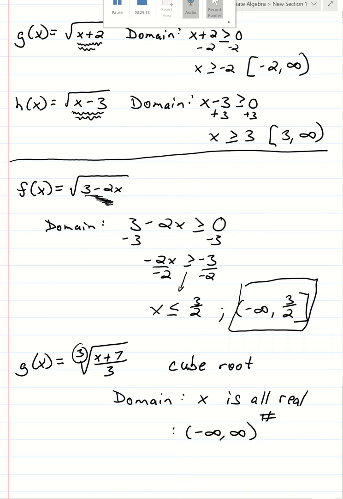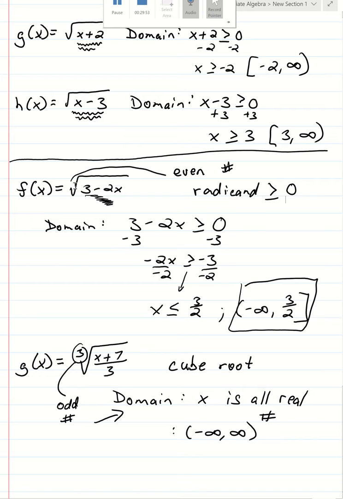In which case, using interval notation, remember that is from negative infinity to infinity. Okay? So the minute you see an odd root index, whether it be a 3, 5, 11, it doesn't make a difference. As long as your root index is an odd number, that means your domain is going to be all real numbers. If you see that your root index is an even number, that's when you take the radicand and say that it has to be greater than or equal to 0.